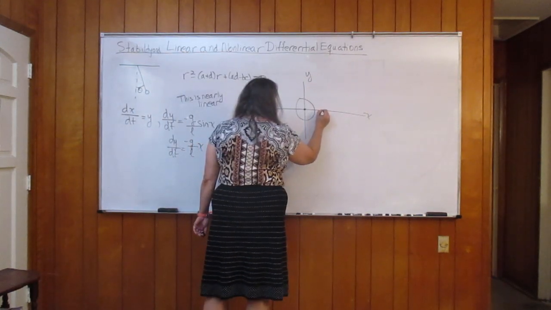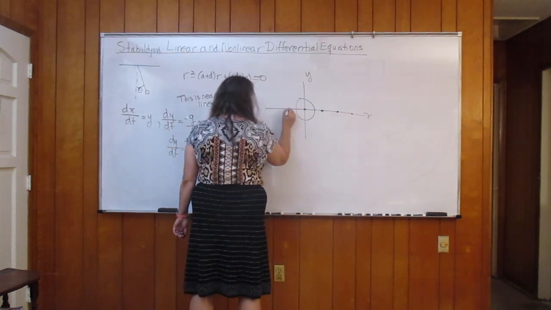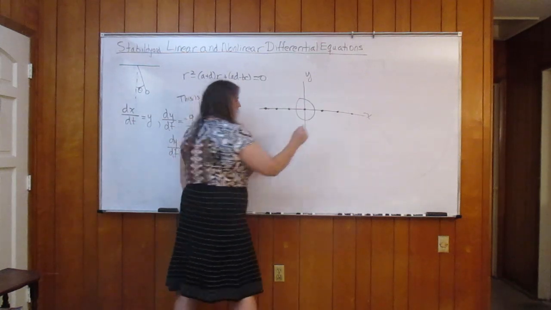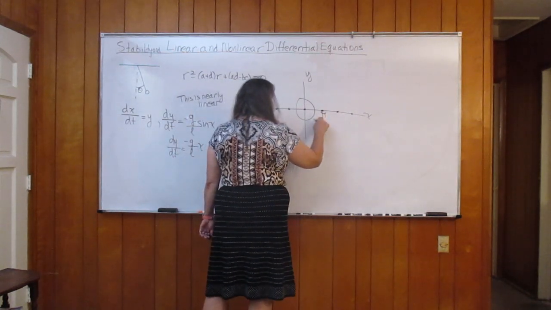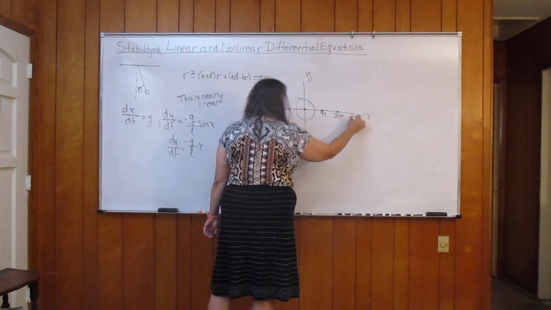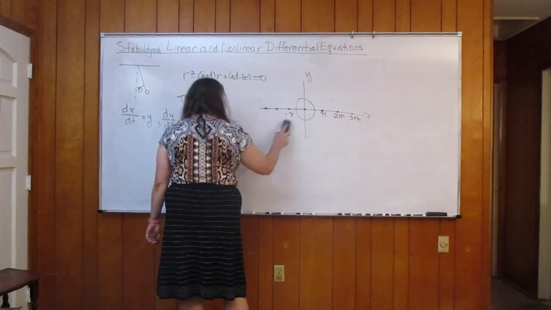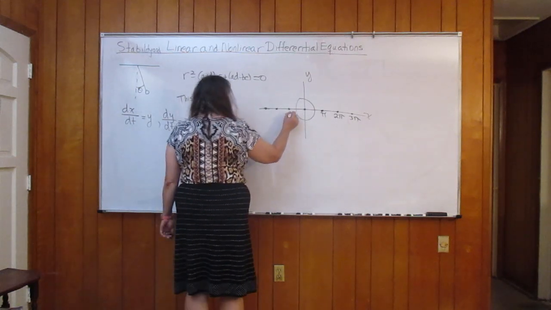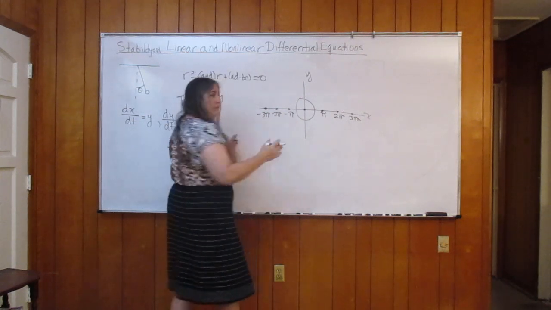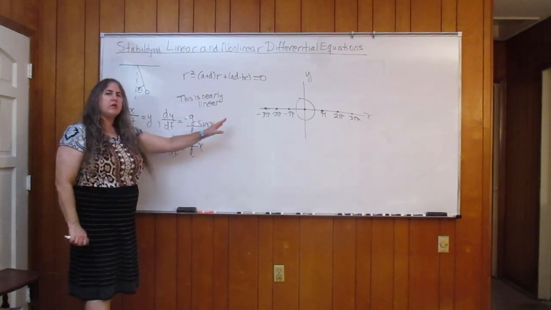But you've also got critical points all along the x-axis: x equals pi, x equals 2 pi, x equals 3 pi, minus pi, minus 2 pi, minus 3 pi, and so on. So how do we investigate what kind of critical points those are?